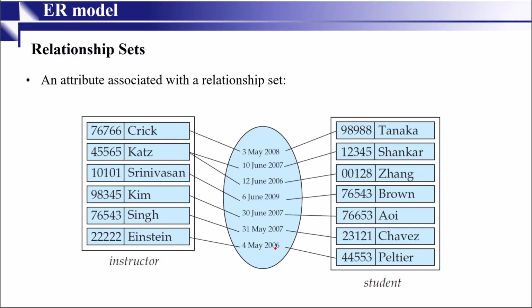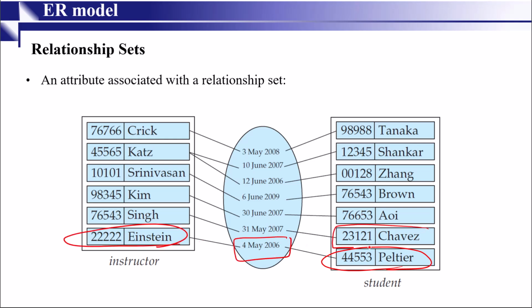Relationships can have attributes. For example, an advisor relationship might include a date attribute to track when advising begins. These attributes add context to the connection between entities. For example, this student was under supervision of this professor on this date.